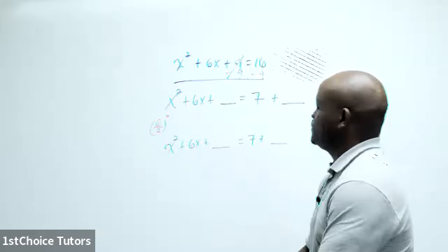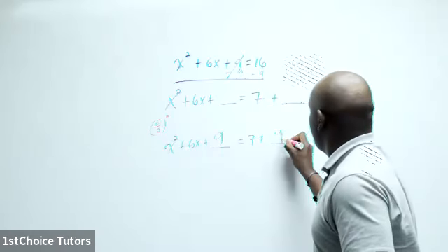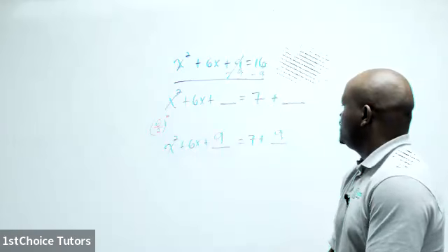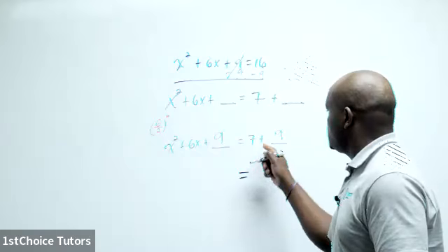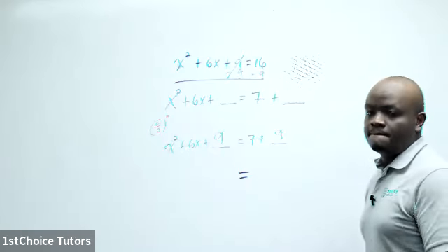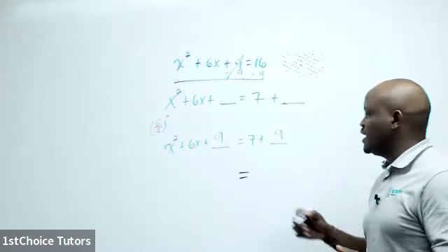Cool. Let's keep going. Factor left side. Is it okay with you if I actually just add these on the right side because it's just 7 plus 9? Oh yeah. What's that going to be? 16. Nicely done.